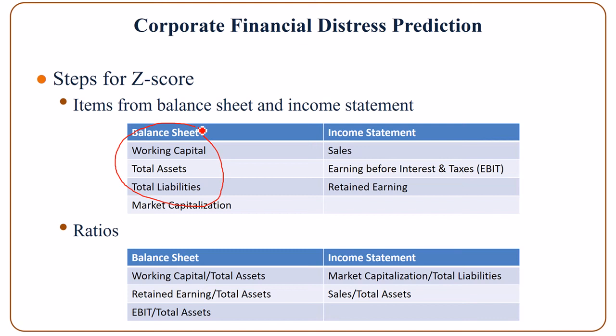From the income statement, we can get sales, earnings before interest and taxes, and retained earnings. From these, we can calculate the ratios. And once we have the 5 ratios for the Altman z-score formula, we can calculate the z-score for the company.